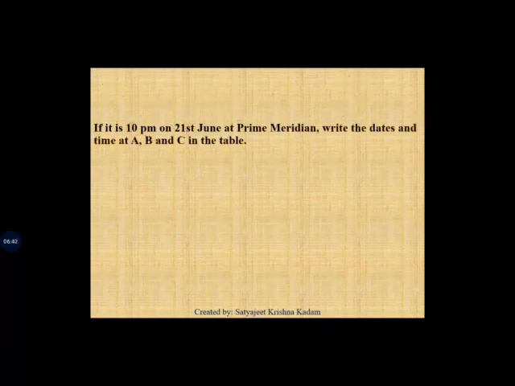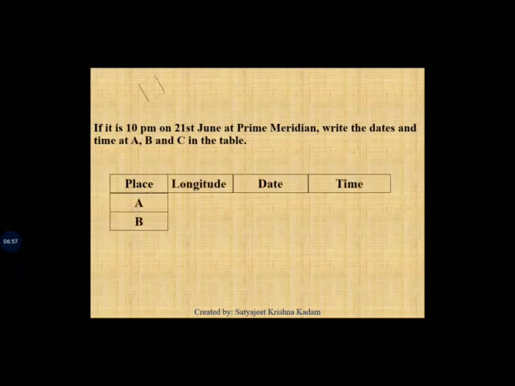Next, if it is 10 p.m. on 21st June at the prime meridian, write the dates and time at A, B, C in the table. Place, longitude, date, time.